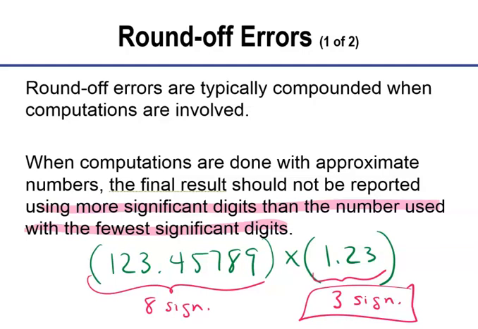If I would put numbers before there, these are not significant digits. We counted them 1, 2, 3, 4, 5, 6, 7, 8 significant digits. So numbers to the left of a whole number are not significant digits.